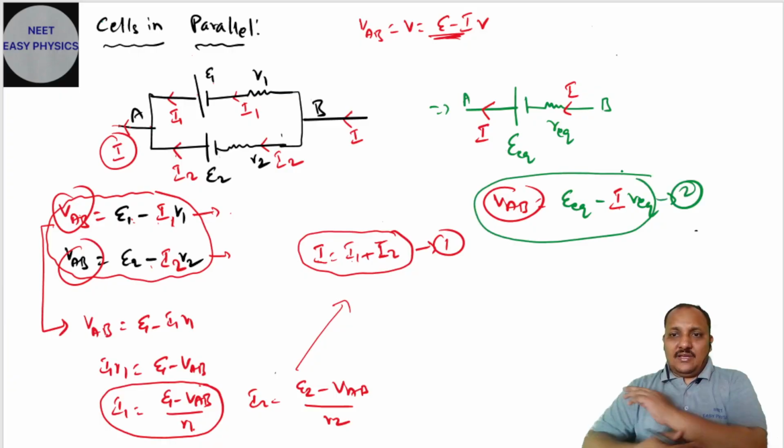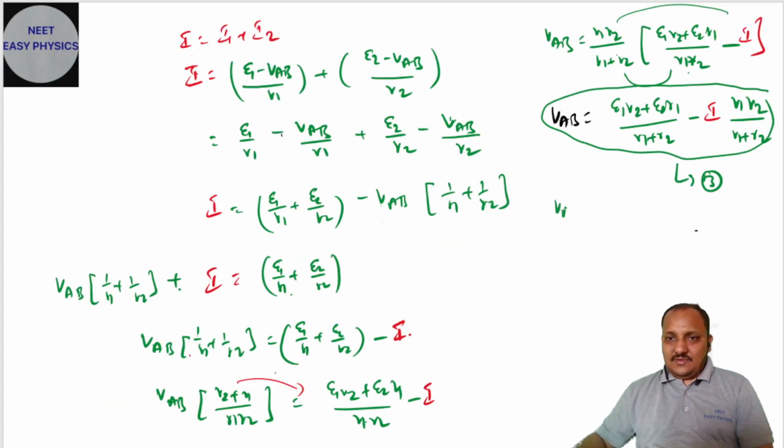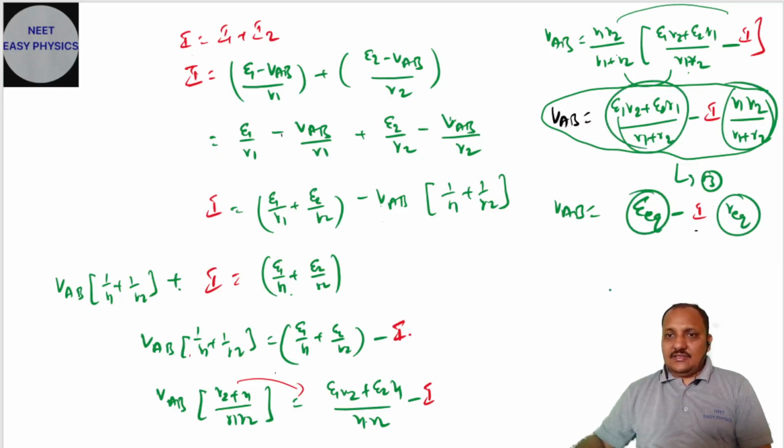If you compare equation 2 and 3, VAB is equal to E equivalent minus I into R equivalent. So R equivalent is this, E equivalent is this.